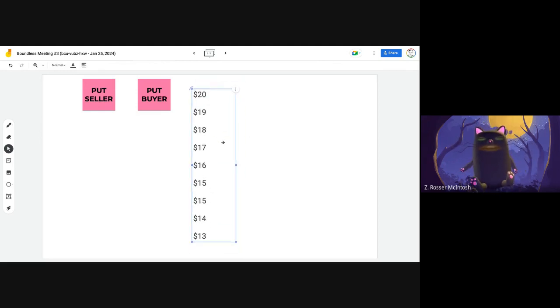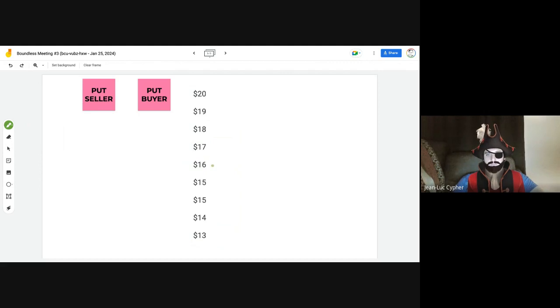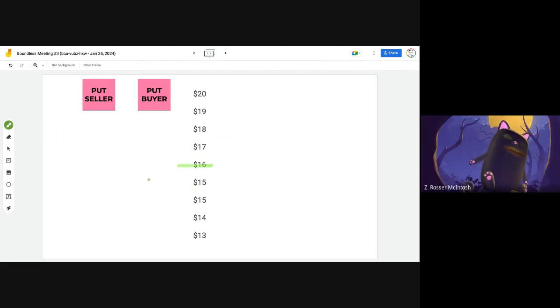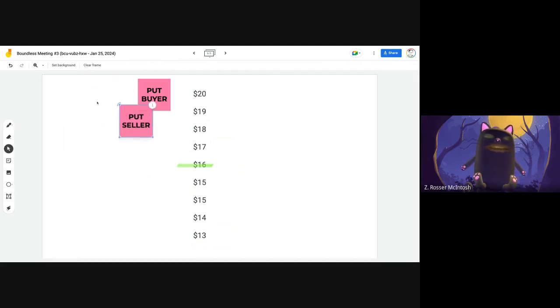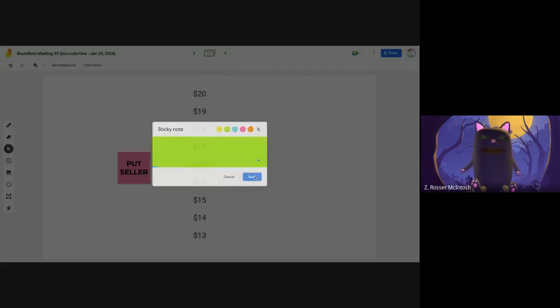So if we have a stock, and let's say that this stock is trading at $16 a share. Okay. All right. It's at 16. And let's say that you want to sell a put and I want to buy a put.